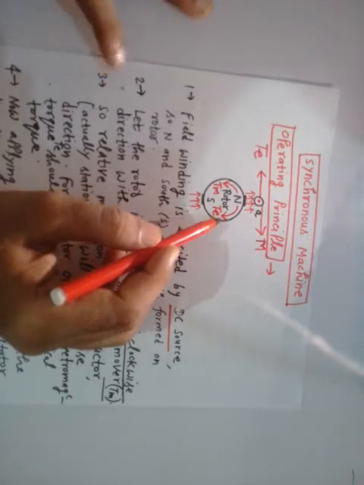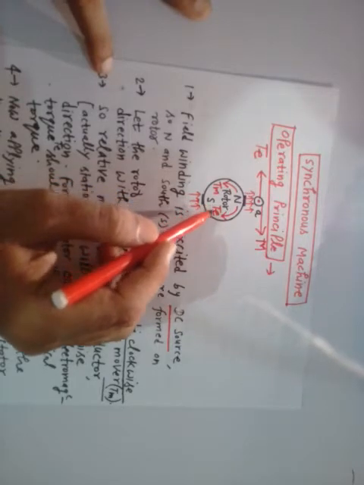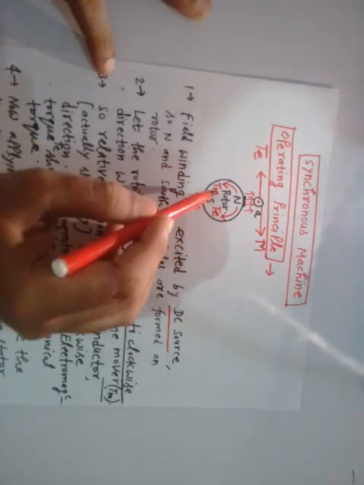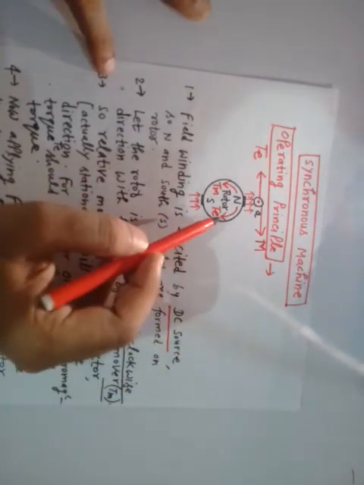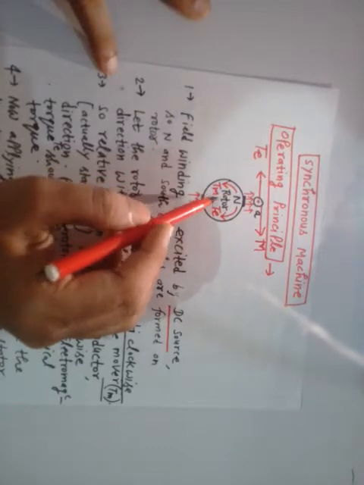So in order to supply the load, the speed must be maintained constant, and for that it should draw some more mechanical energy from the input side. Again I repeat, the electromagnetic torque is opposing the mechanical torque, so the rotor will slow down momentarily.